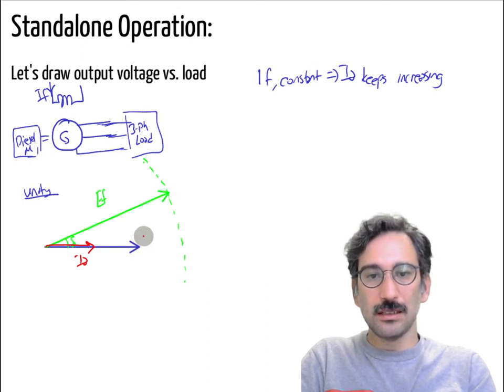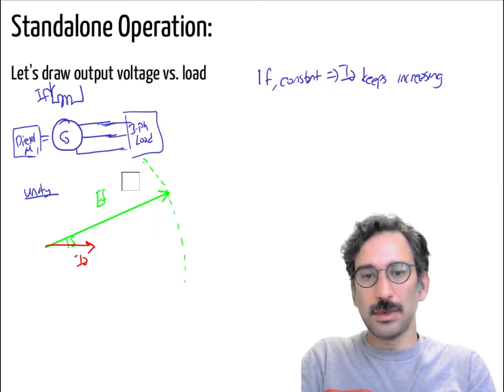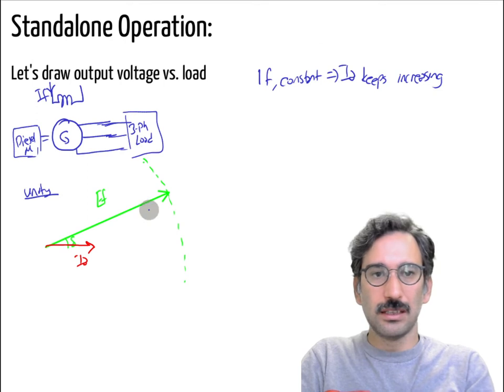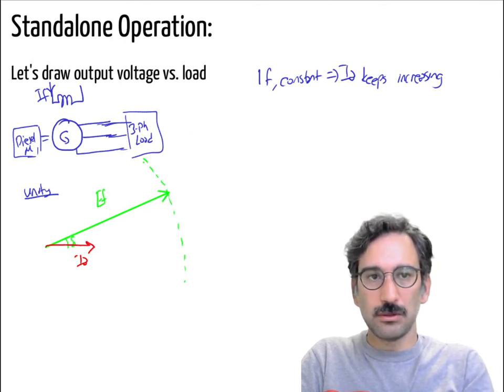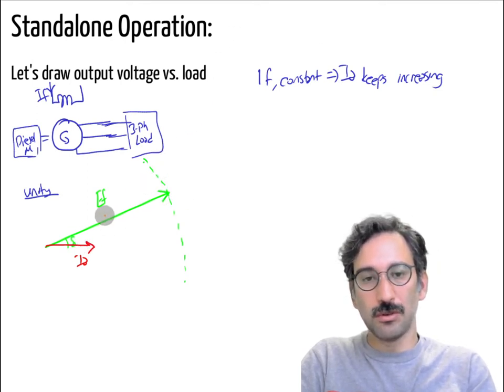So VT now is defined by the mechanical load or the electrical load. The load angle changes, and the magnitude of EF is constant. So you cannot say the magnitude of VT will stay like that, but what you can do is go from the inverse.